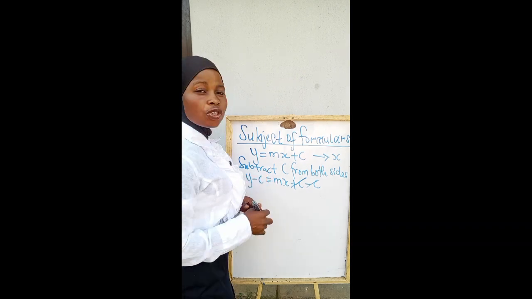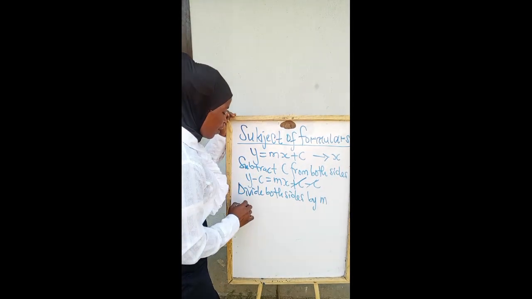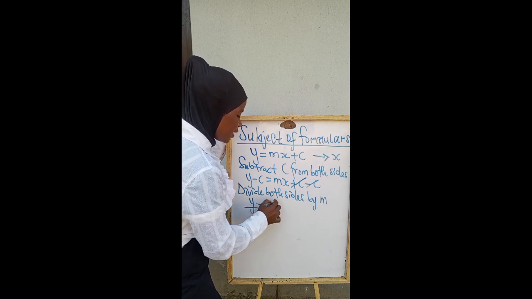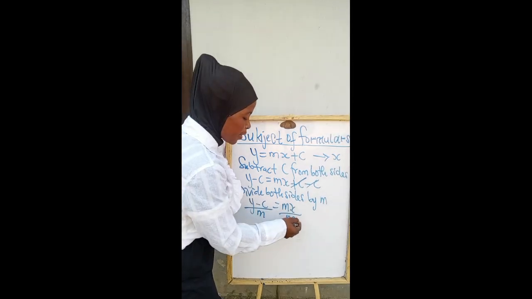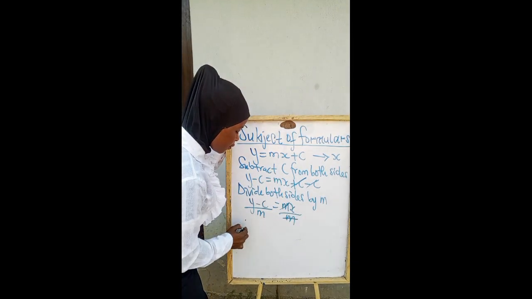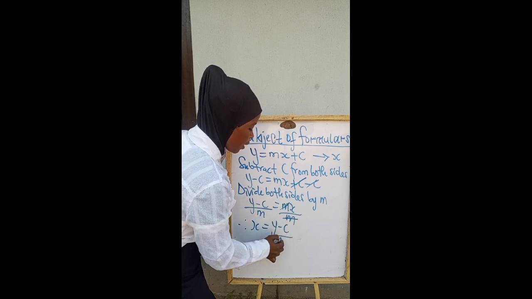So here you are going to divide both sides by m. So therefore you have y minus C over m is equals to mx over m. Now the m that we have here we cancel. We are left with x. So therefore x is equals to y minus C over m.